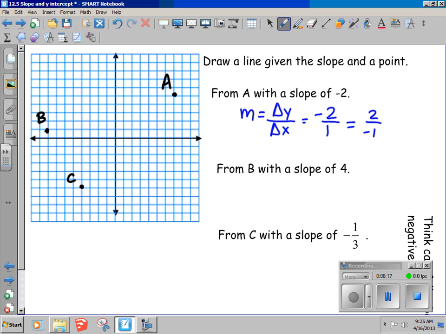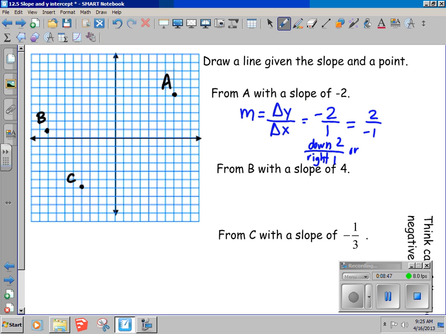If you interpret it as -2 over +1, what does the -2 mean in terms of the y direction, Callie? Down 2 from the dot A. What does the +1 mean in terms of the x direction? Right 1. Good.